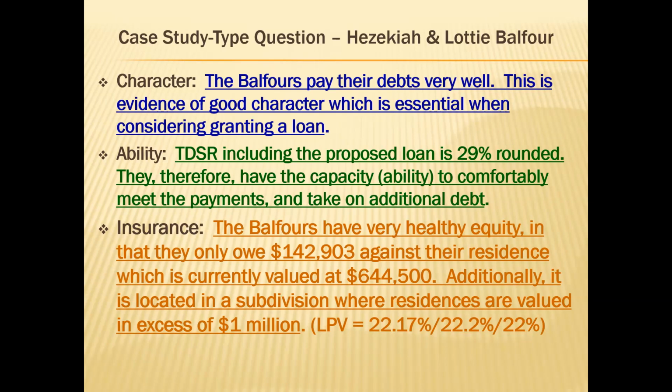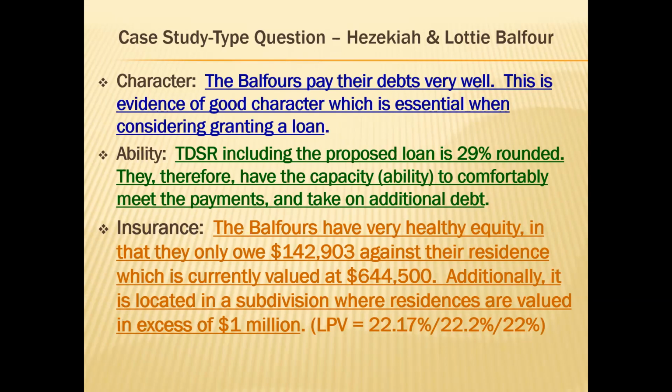And then insurance or collateral, they have very healthy equity in that they only owe 142,000, while that's still a lot of money. 142,000, almost 143,000 is a lot of money. But when you compare it to the value of the property, which is currently almost $650,000, that is like 20-some percent, right? Additionally, it is located in a subdivision where residences are valued in excess of $1 million.